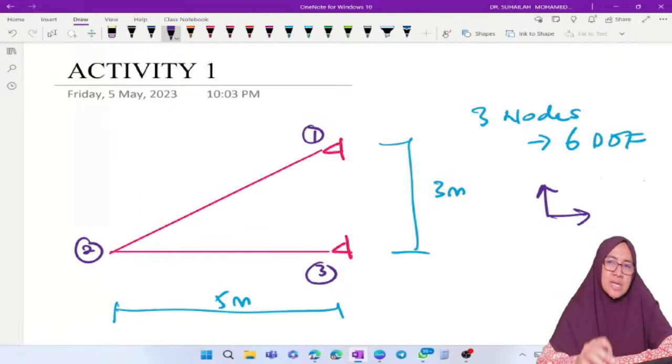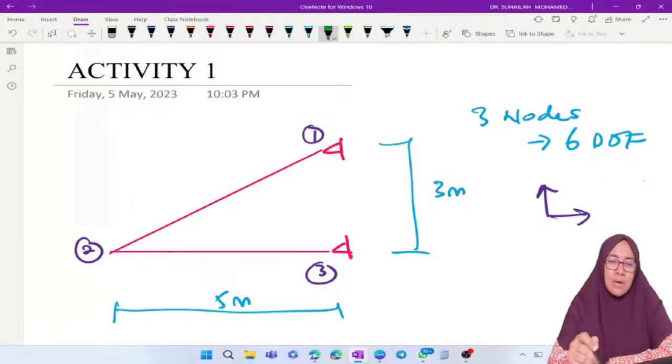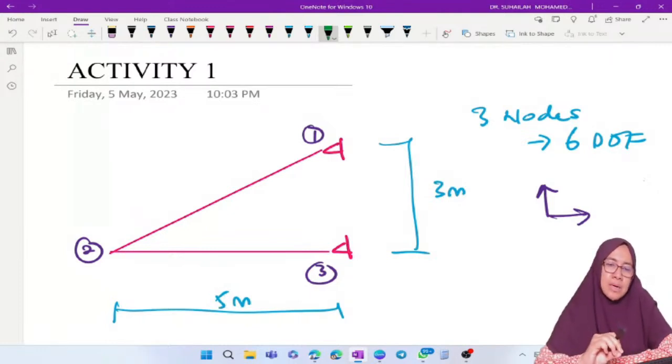We cannot change the direction the other way around. Later on we will have 6 degrees of freedom, 2 at each node. However, in labeling the degrees of freedom, we have to follow the rules: start from unconstrained, followed by the constraint system.